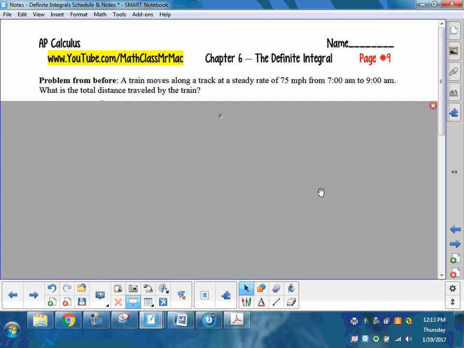What is that going to look like if we write this out as an integral? Hands up, please, if you can tell me. Kanji, what do you think? The integral? Okay, of what?